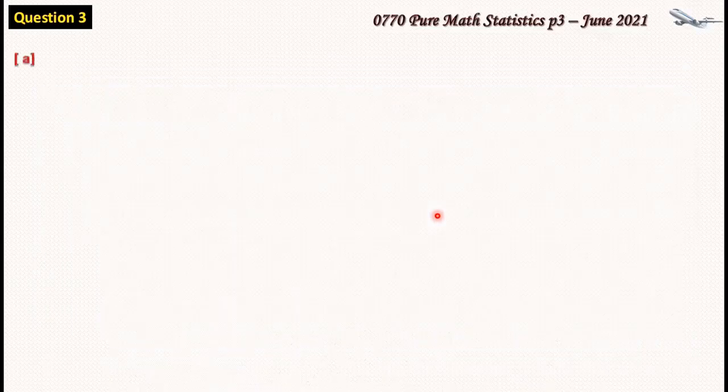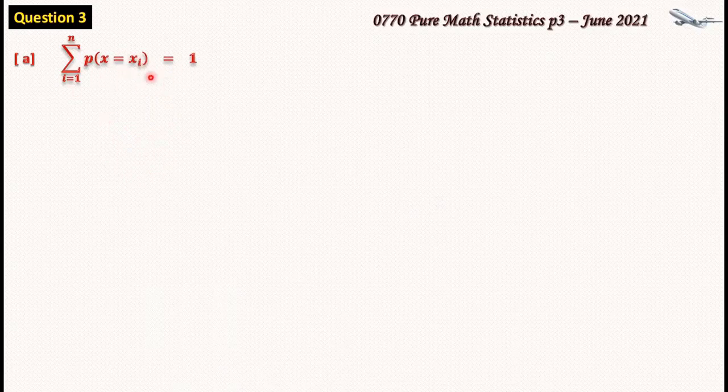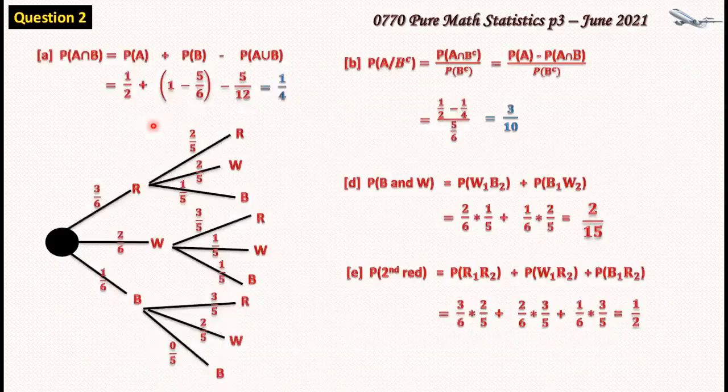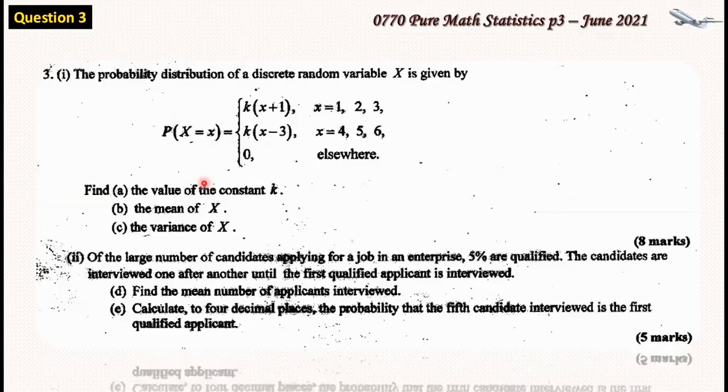So the A part of this question wants us to calculate the value of k. And we know that for this discrete random variable, the sum of all of those probabilities should be equal to 1.